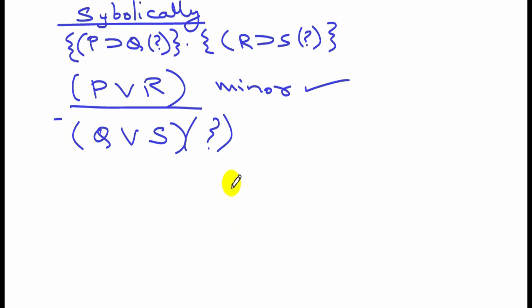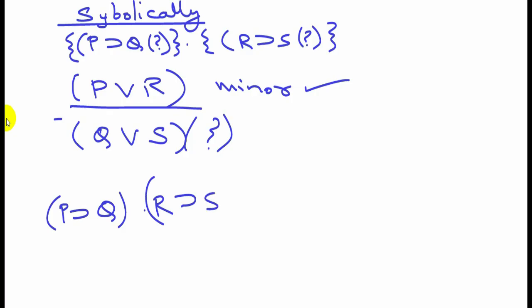Taking the symbolic expression of the complex constructive dilemma, this fallacy may be represented like this. If P, then Q, if R, then S. Then we have the minor premise P or R. This is the minor.